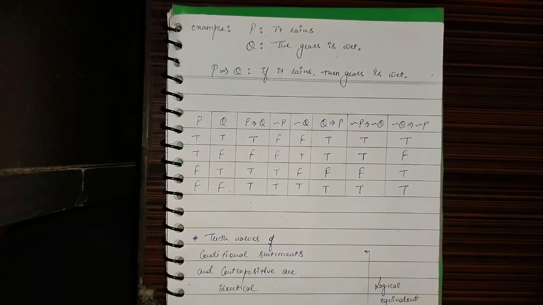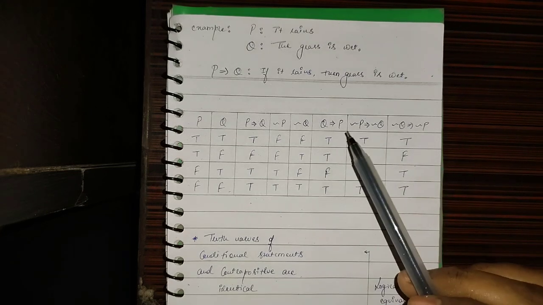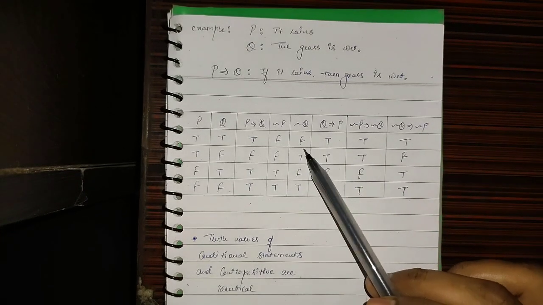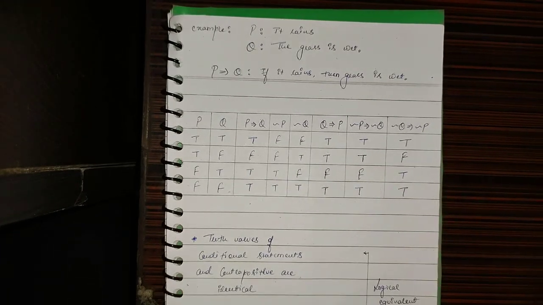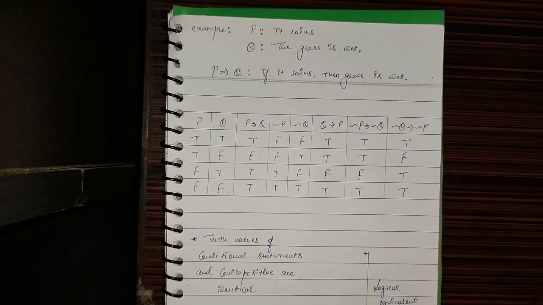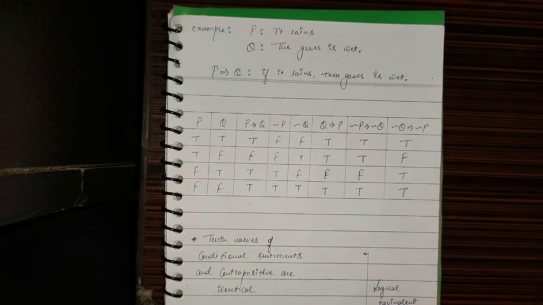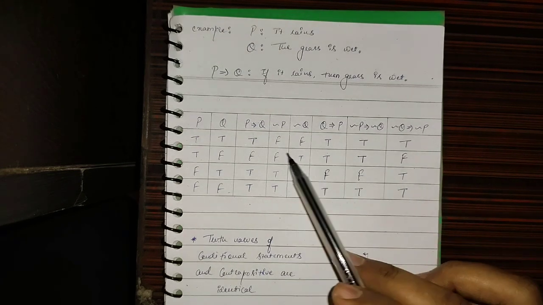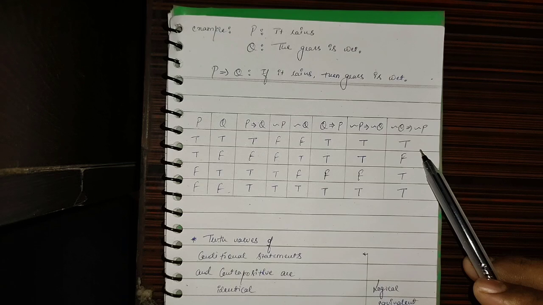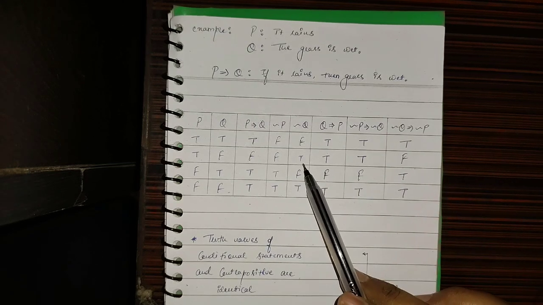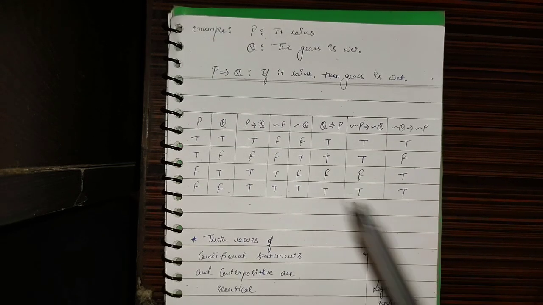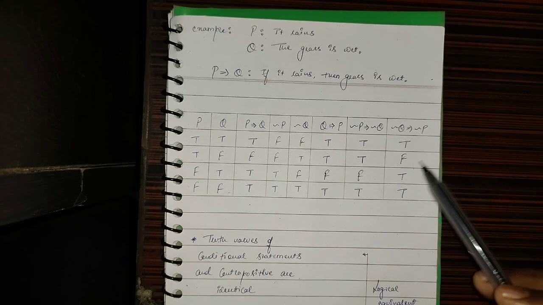Similarly, for the contrapositive, we look at the negation of Q as the hypothesis and the negation of P as the conclusion. When both are false, the conditional statement is true. When the hypothesis is true and the conclusion is false, the conditional statement is false.